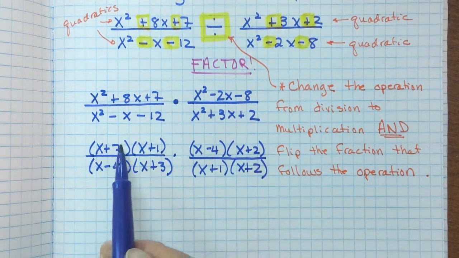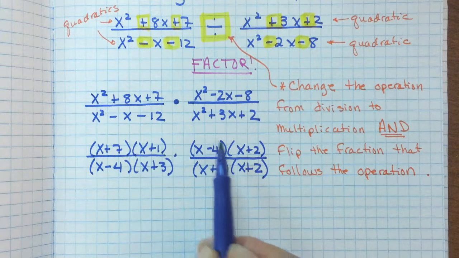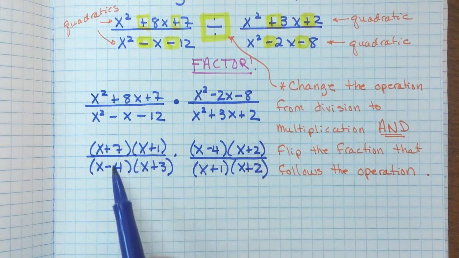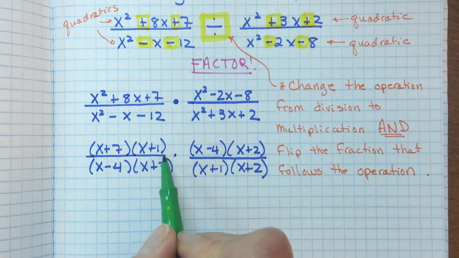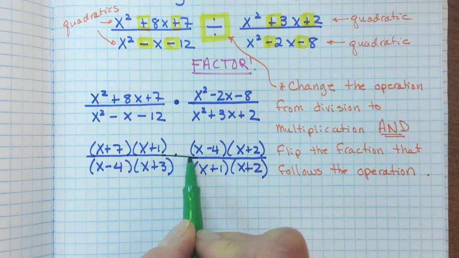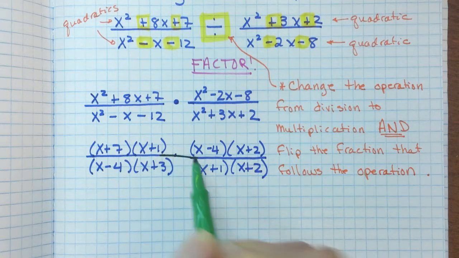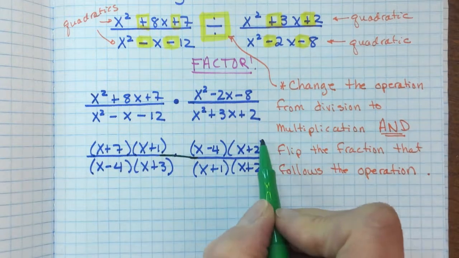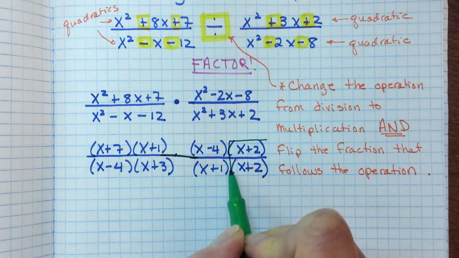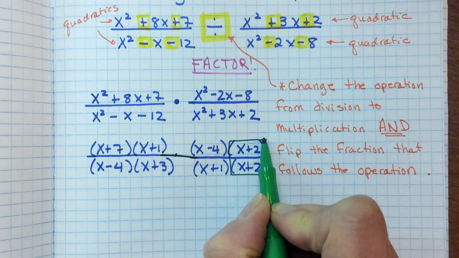So I can see I have a number times a number times a number times a number. It's all really numbers being multiplied and divided. In fact, I can extend this division line to go all the way across. So it's just a bunch of numbers being multiplied on the top and the bottom. So I can go ahead and simplify. I'm going to look for the same number on the top and the bottom.